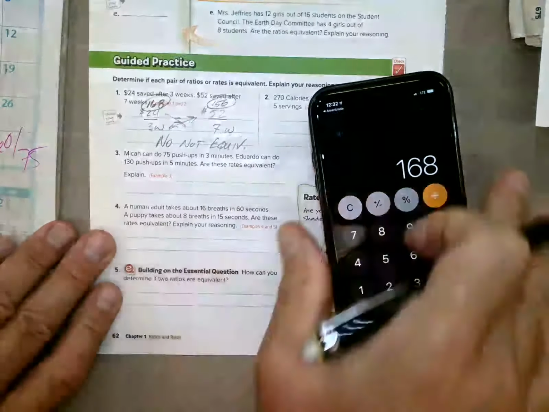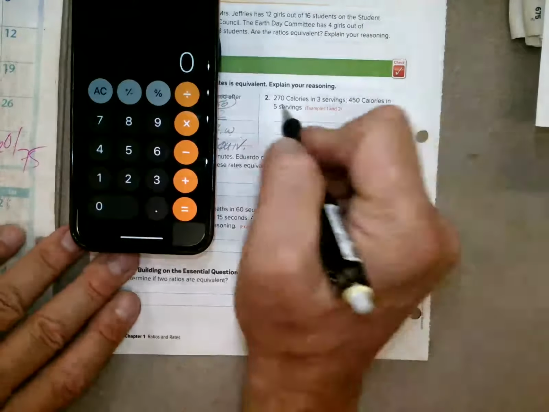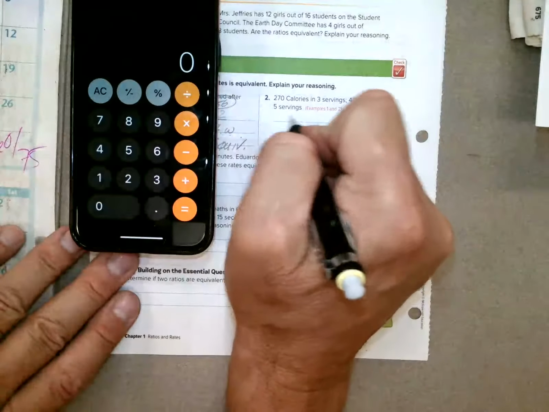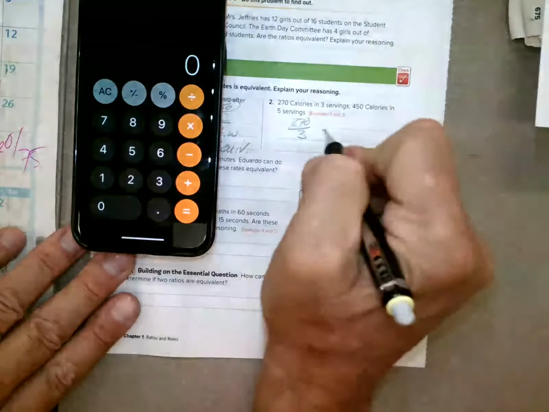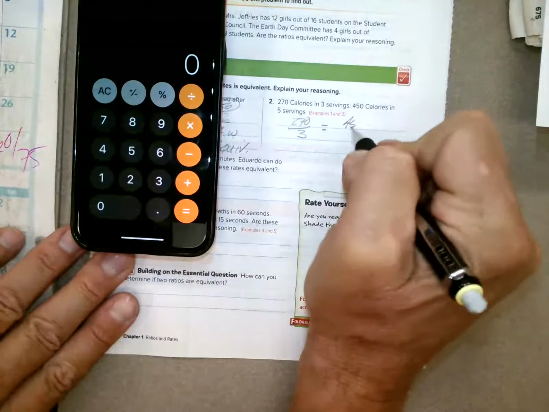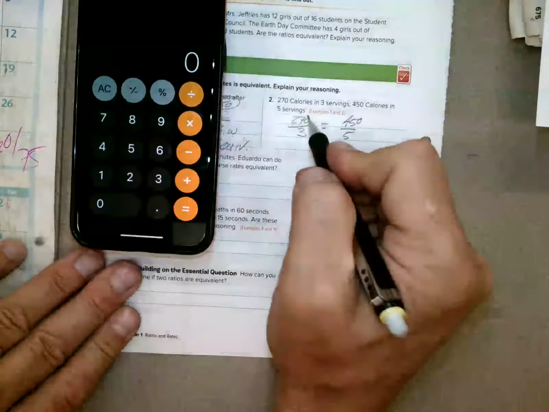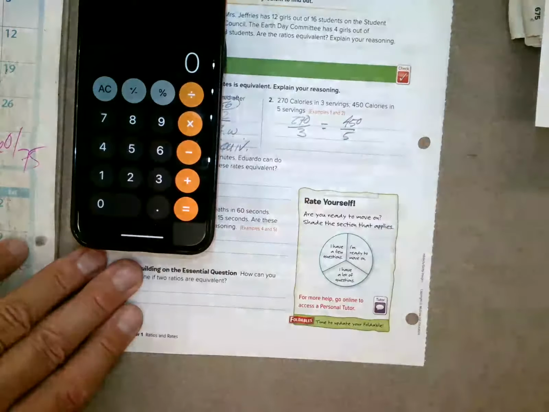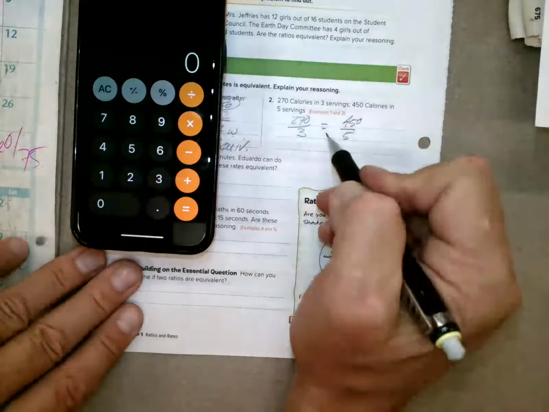Let's try number 2 here and clear that. If you have 270 calories in 3 servings, is that the same as 450 calories in 5 servings? Again, I could take these down to a unit rate, or I could cross multiply. I'll show you both this time.